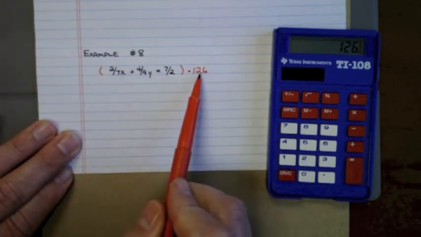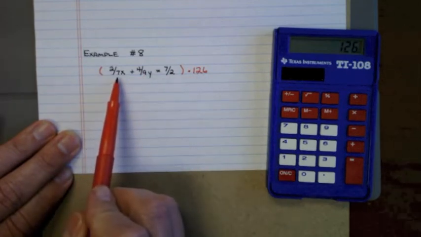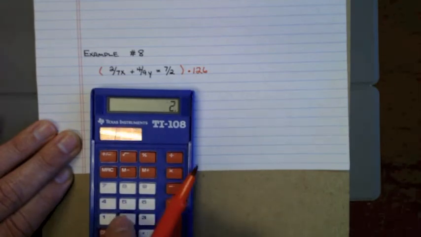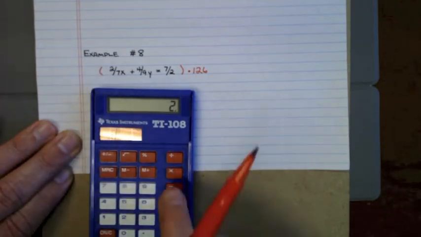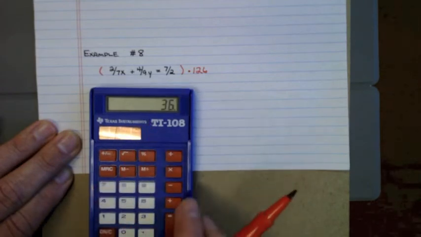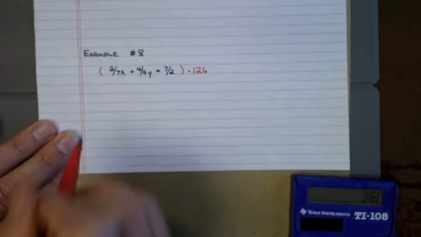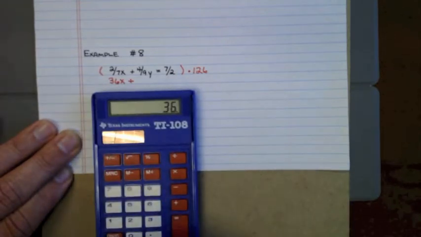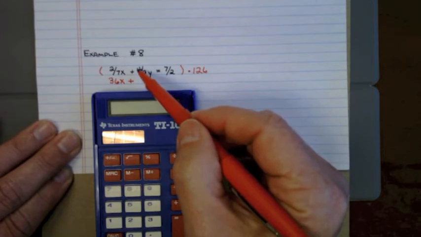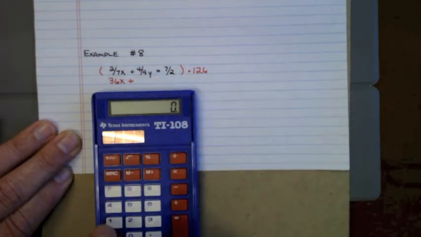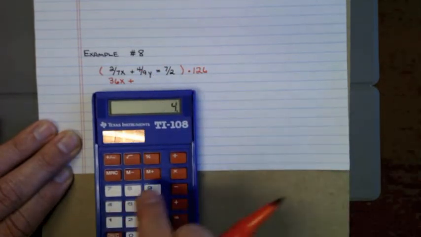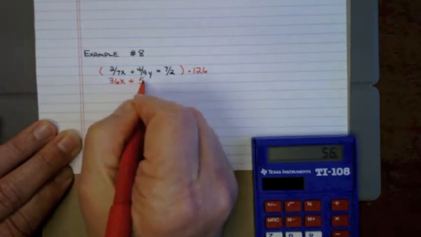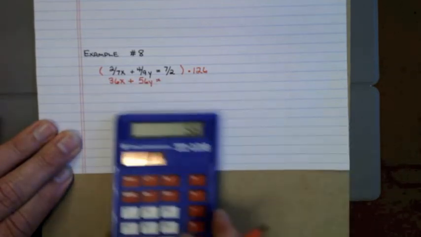So the way I do this is I go 126 times the top number divided by the bottom number. So let's do that. 126 times 2 in the top up there divided by 7 equals 36. 36x plus, I'm going to take 126, multiply it by 4, divide it by 9. 126 times 4 divided by 9, then hit equal, 56y is equal to the same thing for this one.